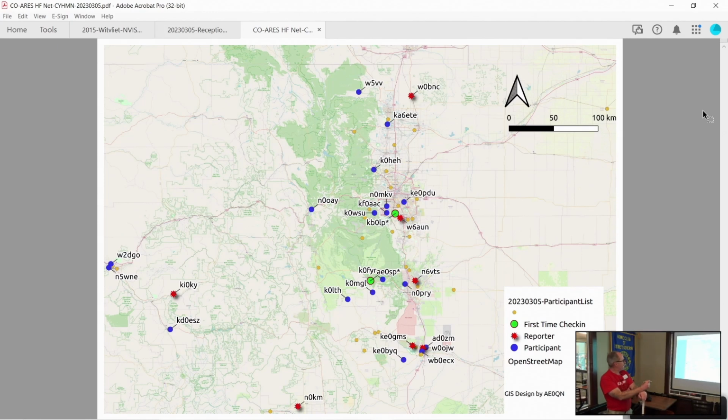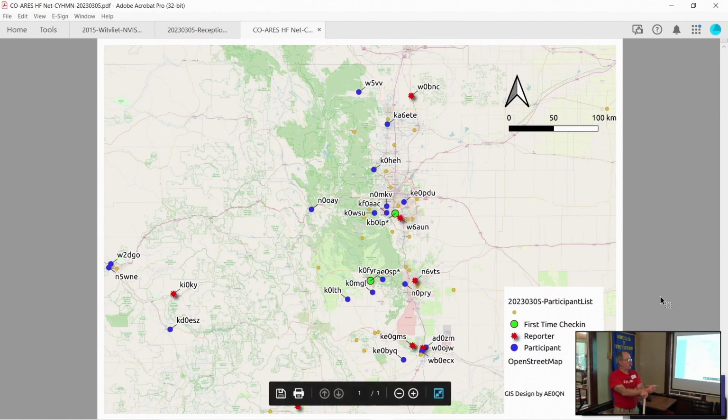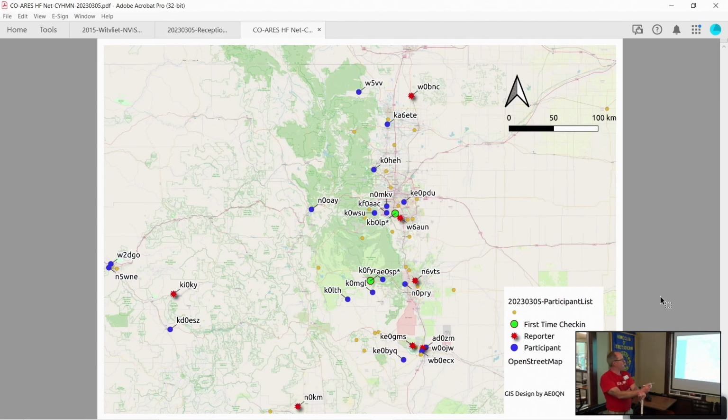These are all the people on the net. And I can work all these guys NVIS from Stevens Gulch from my vehicle. And during one of the nets I participated in when I was up at Stevens Gulch, somebody was in a park in Arvada, I think, 10 watts QRP with a horizontal antenna, and we worked each other.